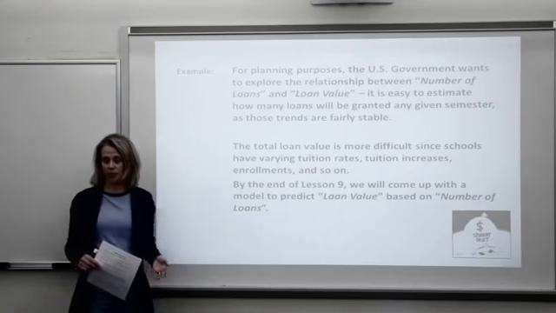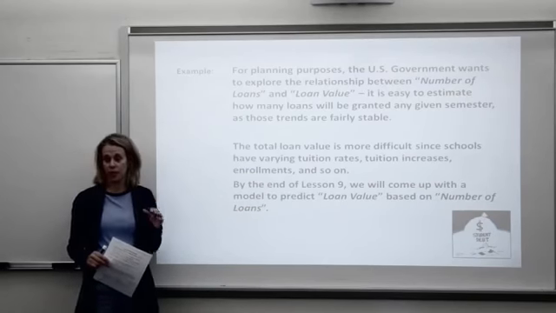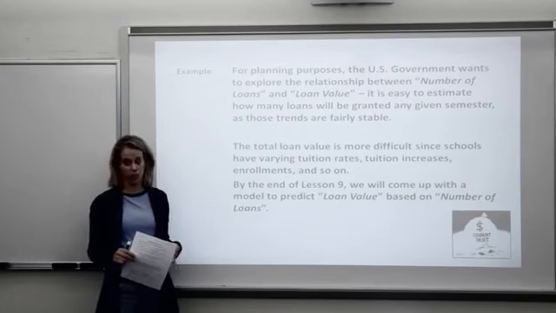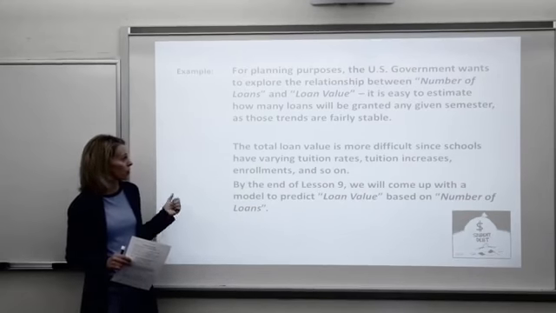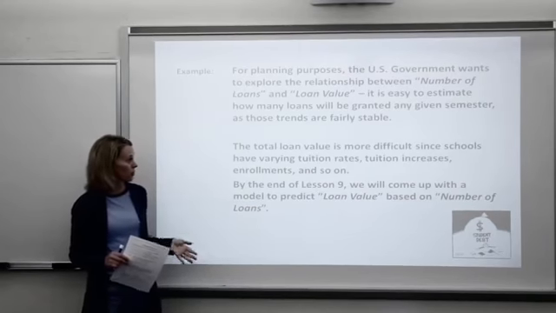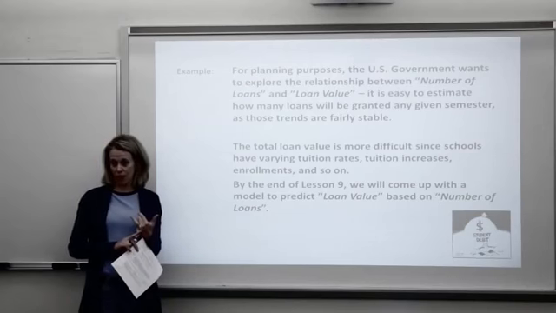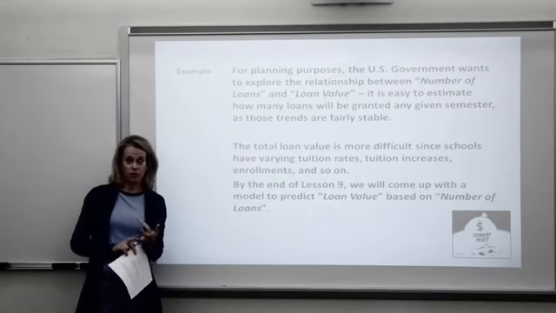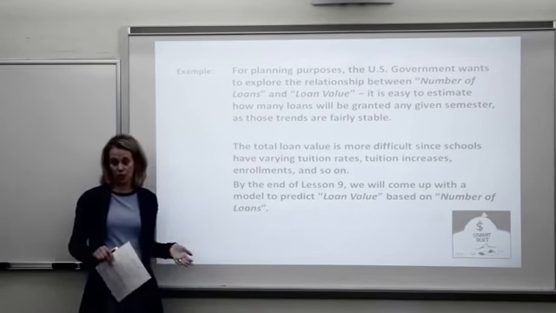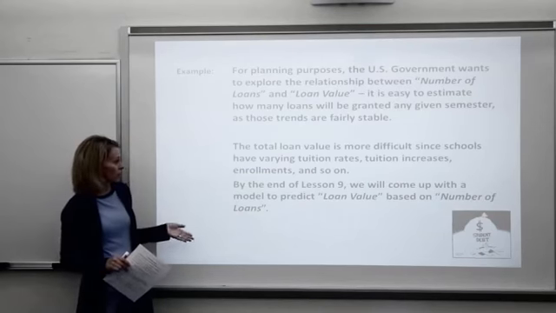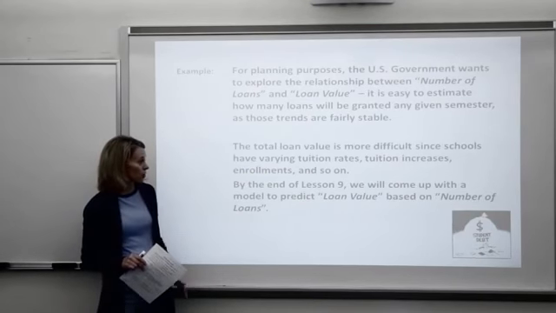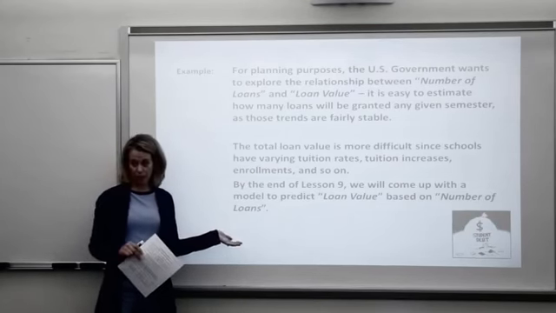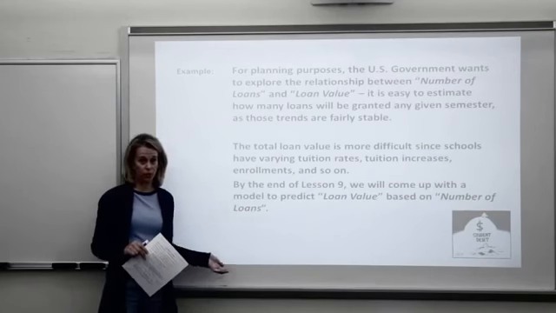It's fairly easy to estimate how many loans will be granted in a given semester since those trends are fairly stable. However, the loan value is a bit more difficult since tuition rates vary, tuition increases, enrollment changes, and so on. So by the end of Lesson 9, we'll come up with a model where we can predict loan value based on the number of loans.